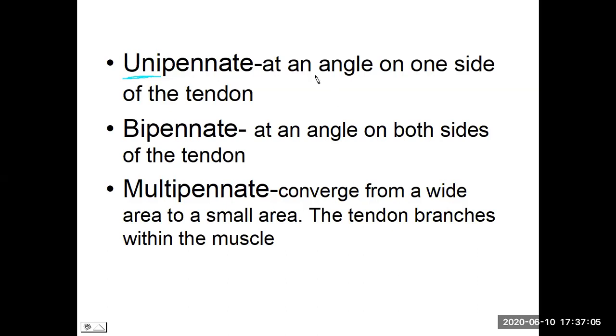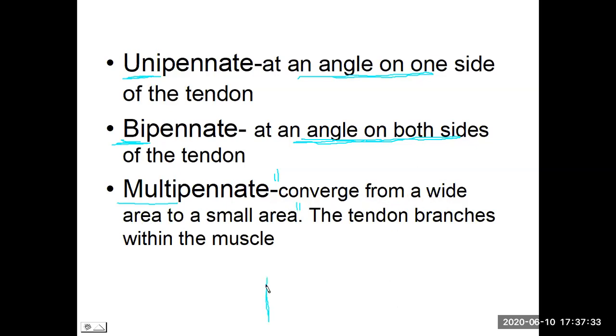the tendon, running at an angle to one side, bipennate, branching at 2 separate angles on each side of the tendon. And multipennate now, if you look at this first line of description, multipennate muscle appears at the surface just like convergent.